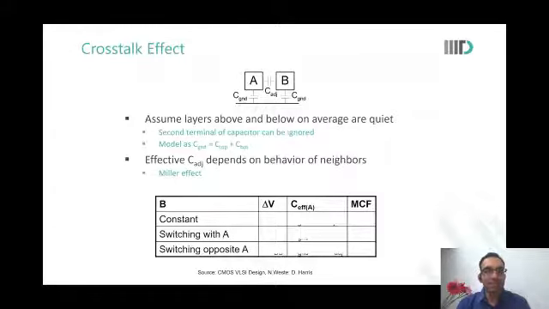Gagandeep? Yes, sir. If you give me a circuit and say that this much amount of delay I have to meet, then as a designer, when I'm looking at all the topologies I can use, how can I really use this kind of model, because I do not know the length of the wires? You cannot do anything about wires at the time of schematic design, Gagandeep.